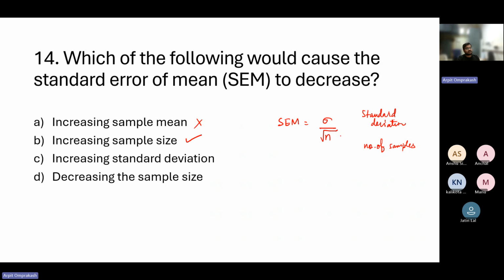That is when this increases, this decreases. We'll check the other options also in case multiple are correct as well. Increasing the standard deviation would increase the standard error of mean. So this is not the correct answer. Again, decreasing will have the opposite effect. So this is not the correct answer. The answer will be option B, increasing the sample size. Right.